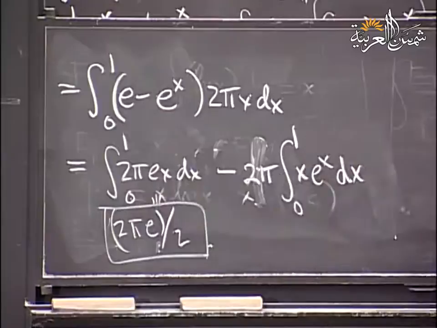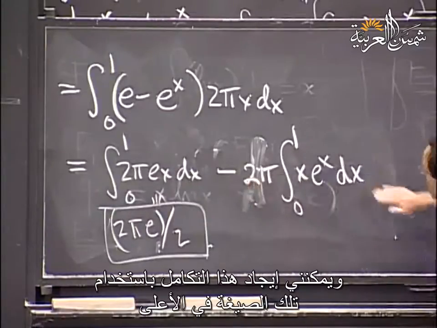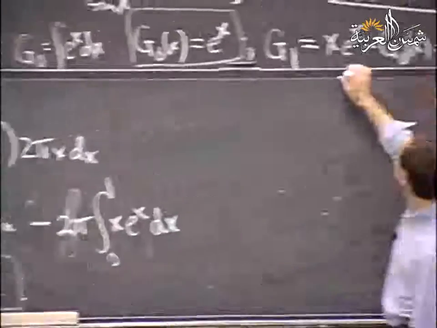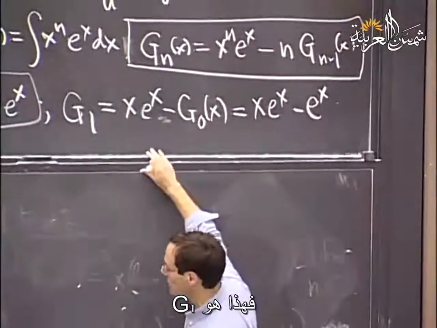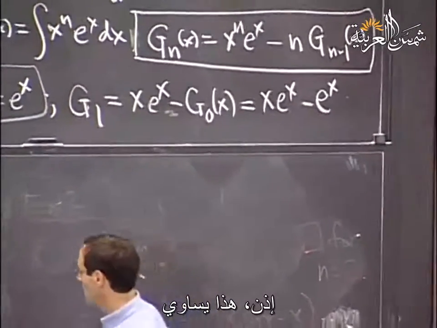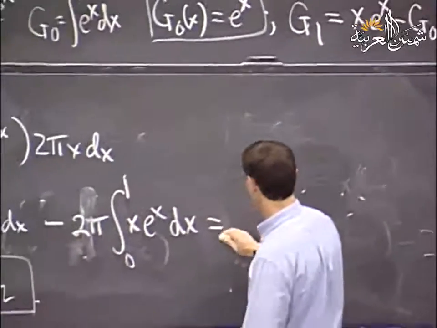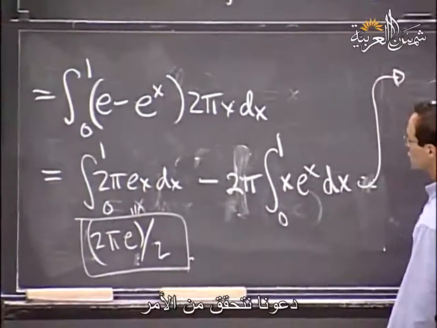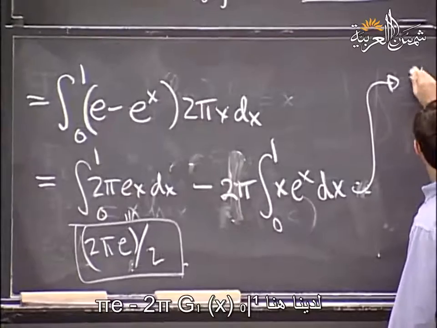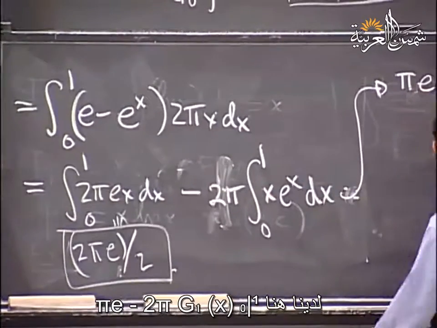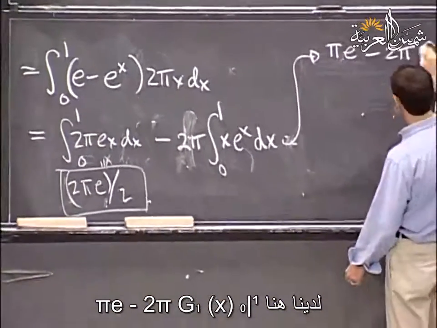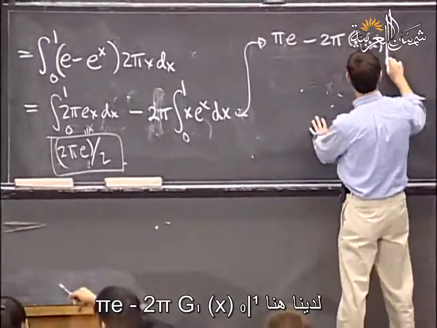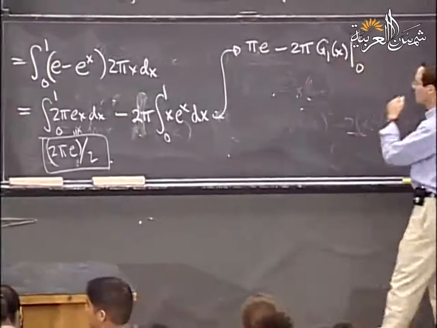Now. All right. So now this one here I can read off from right up here above it. This is G1, right? So this is equal to, let's check it out here. So this is pi e, right, minus 2 pi times G1 of x evaluated at 0 and 1.